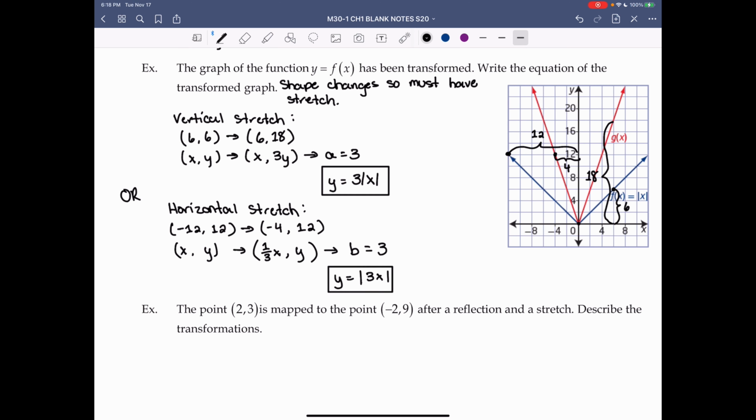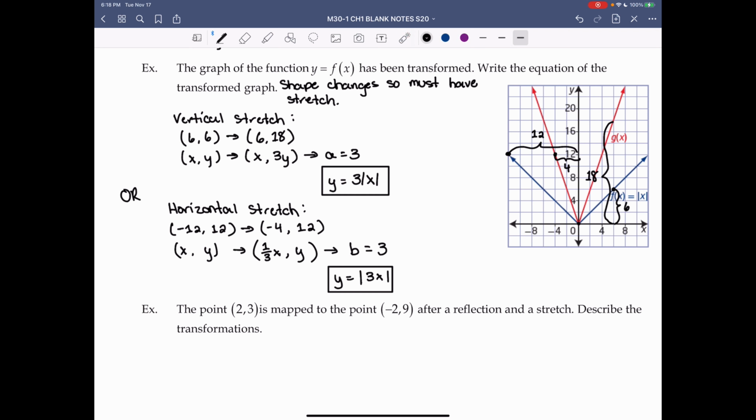I know that a is positive because both of the graphs are opening up, so there's no reflection across the x-axis. B, in this case, could actually be positive or negative. Since the graphs are symmetrical and the center of the graphs are at the y-axis, if I reflected them across the y-axis, they would look identical.